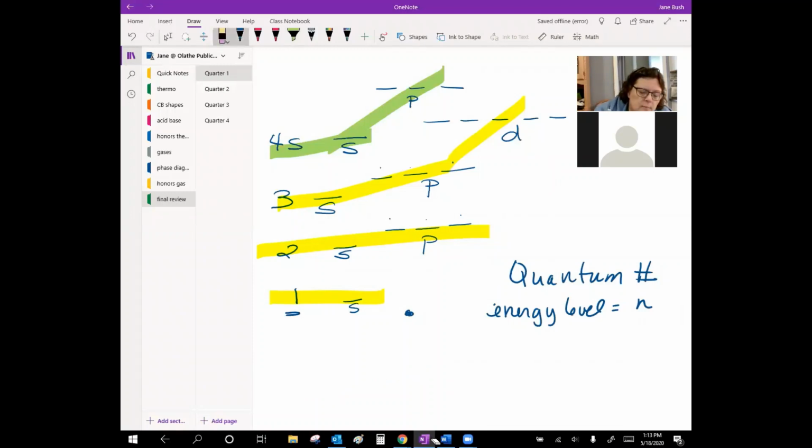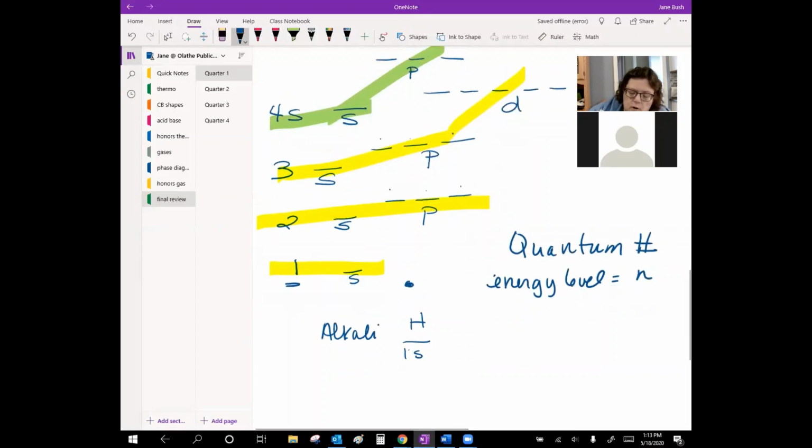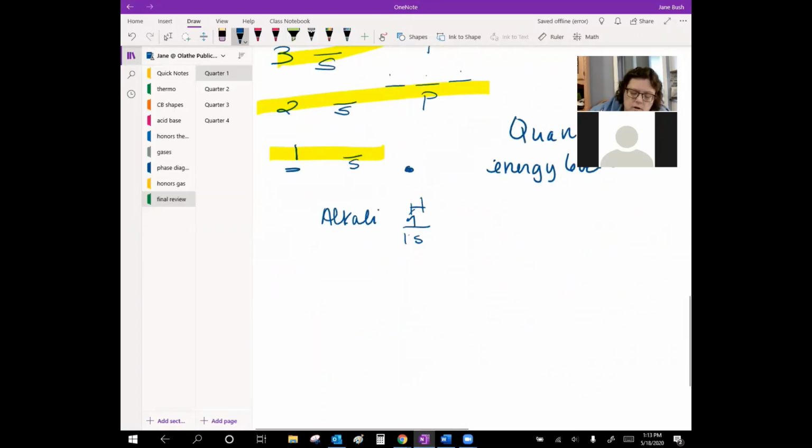So if you talk about alkali metals, hydrogen isn't a metal, but it has a 1s electron. Lithium has 1s2, 2s1.